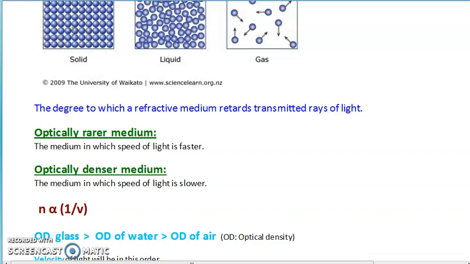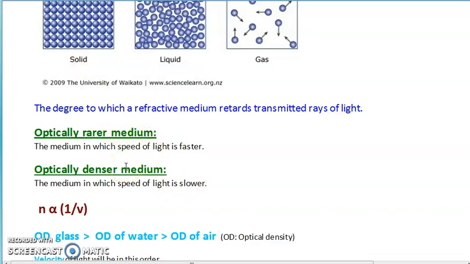For that reason it is restricting and retarding greatly. If it is retarding the light, after traveling through that material what will happen to the speed? Definitely it will get slower. So we got the optically rarer medium and the optically denser medium.